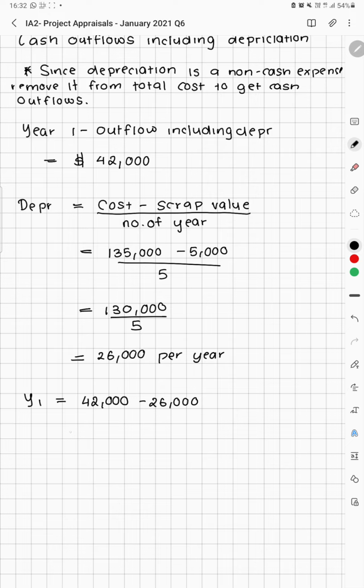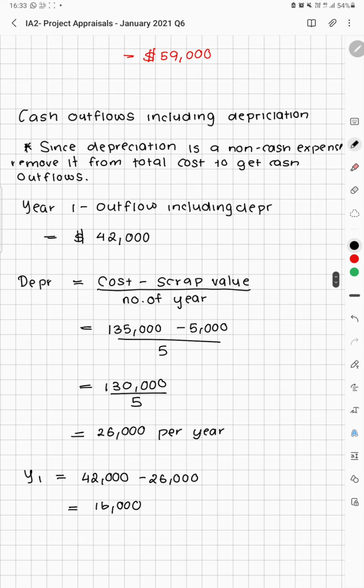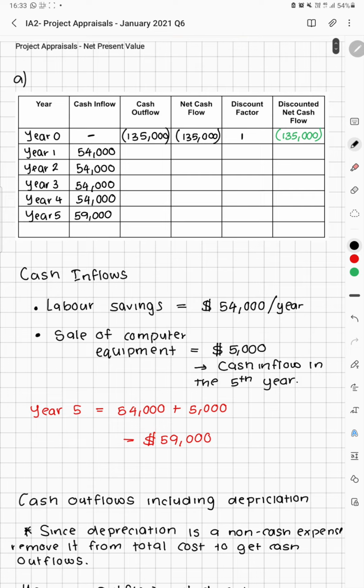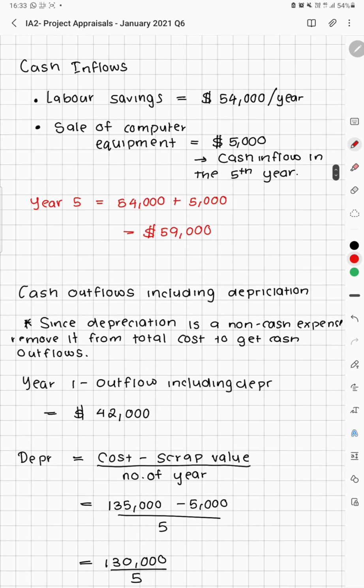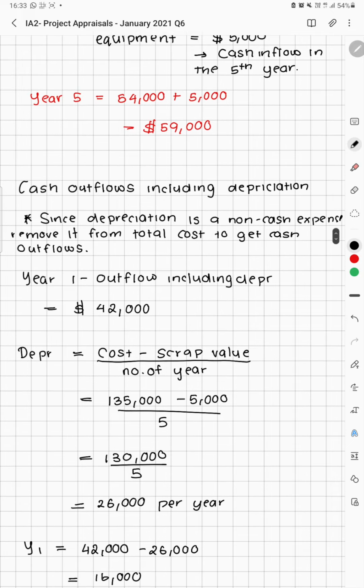That gives us 16,000. Yes, equals 16,000 cash outflow in year 1. Okay, so year 1 outflows 16,000. So year 2, let's do the workings for year 2.